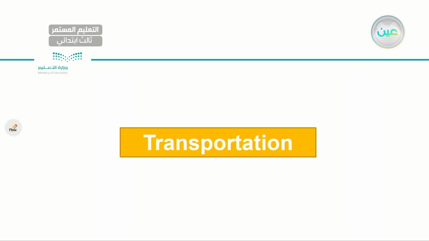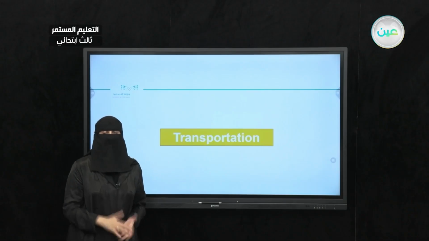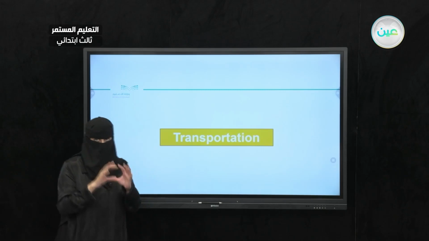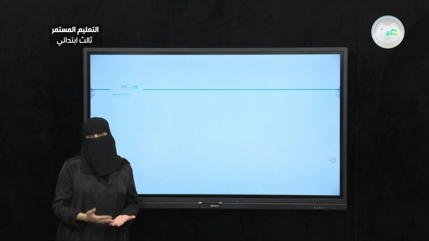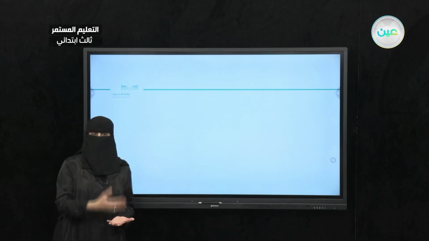Okay, also we learn more about transportation. What do I mean by transportation? What does the word transportation mean? Remember, this is the name of the unit, travel and transportation. Now, let me try by showing you different means of transportation.